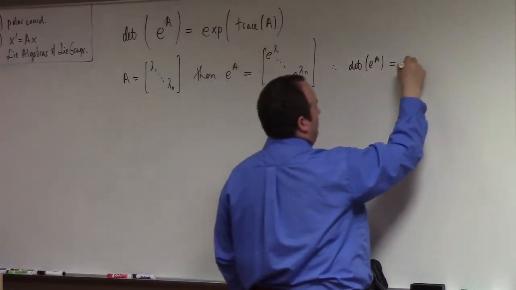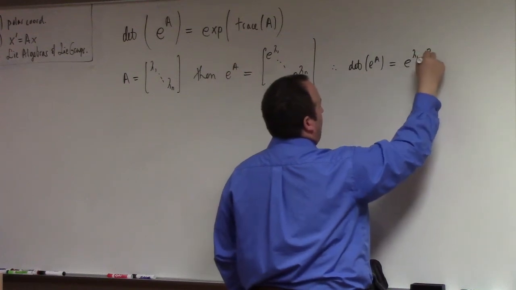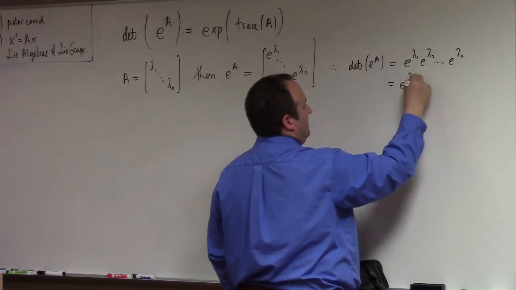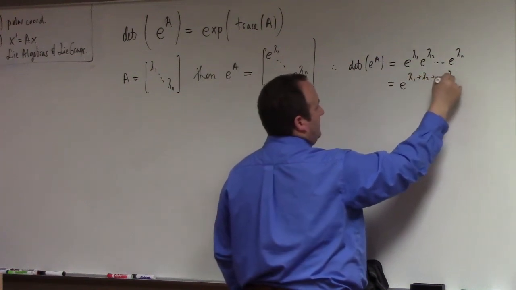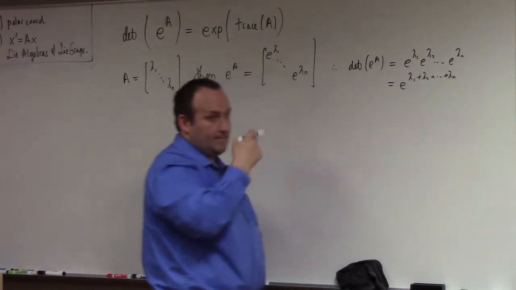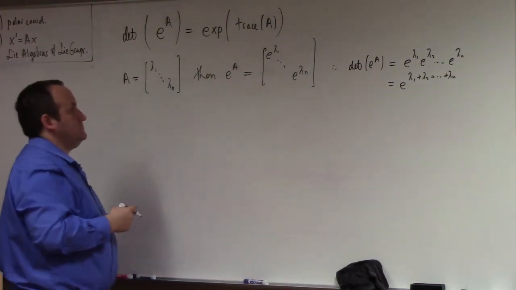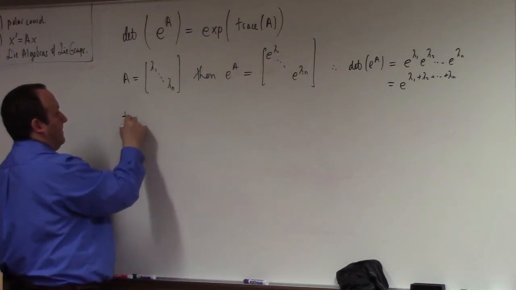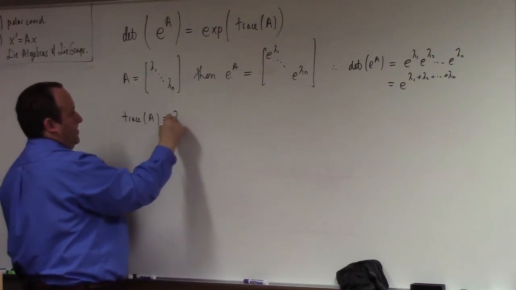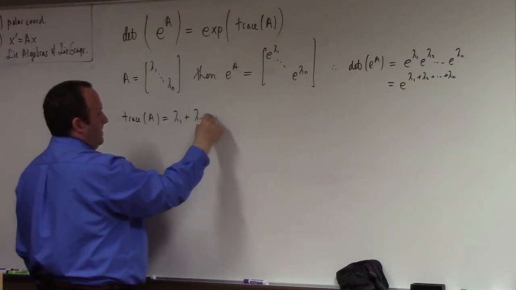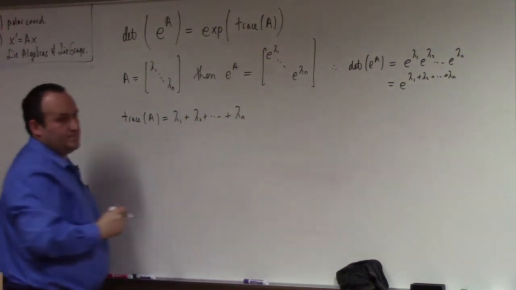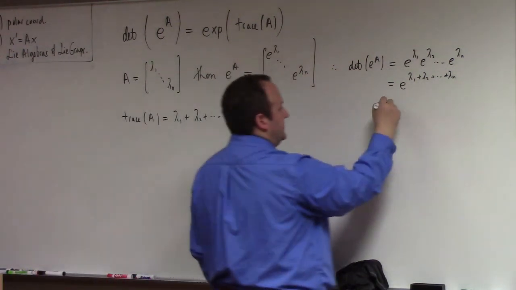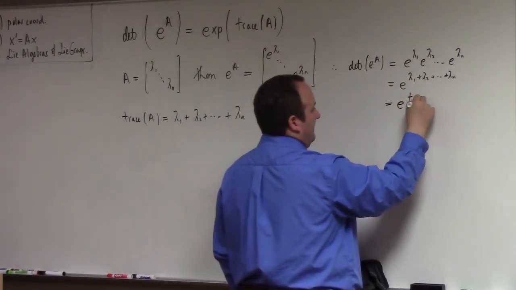Product of the diagonals, right? Which is what? But on the other hand, what's the trace of a? Right? So this is nothing more than e to the trace of a.